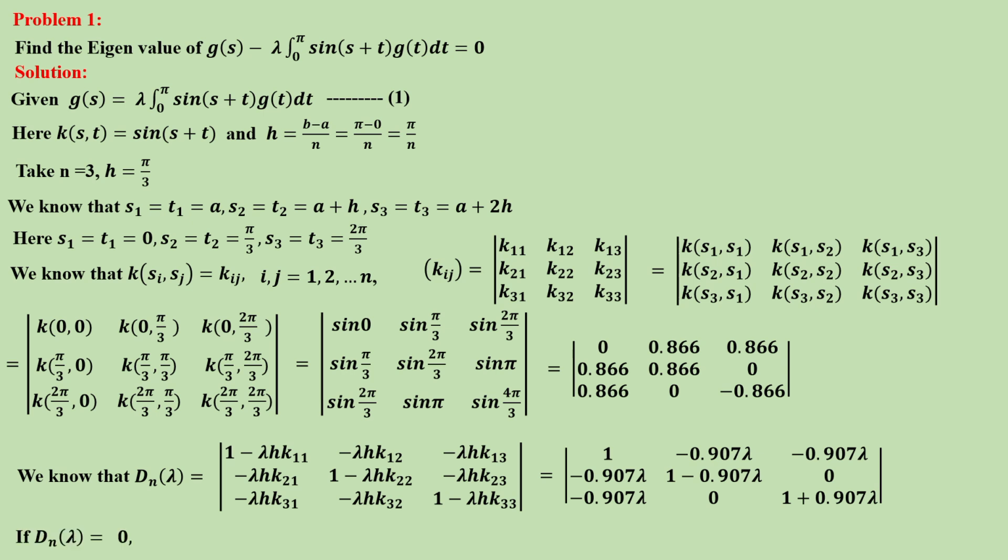If D_n(lambda) equals 0, the homogeneous system will have a non-trivial solution.